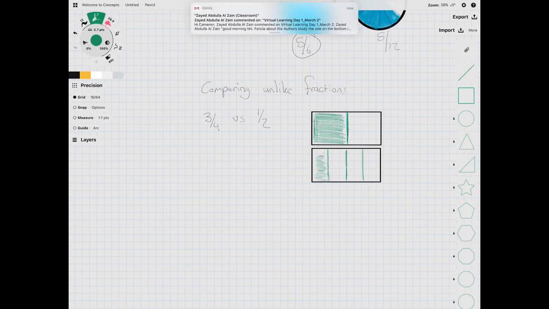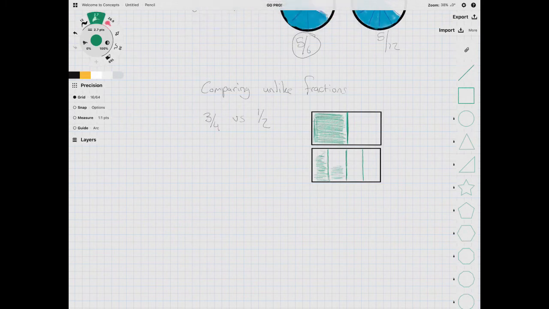1, 2, 3, and that's it. That's 3/4 of our whole. Which of these is bigger?